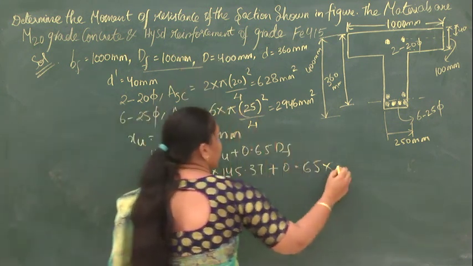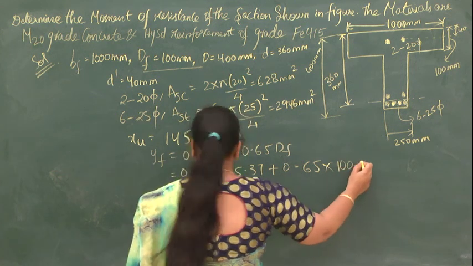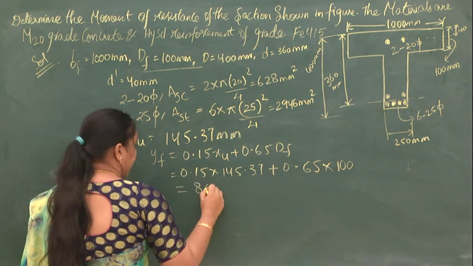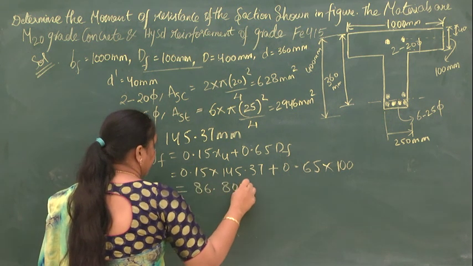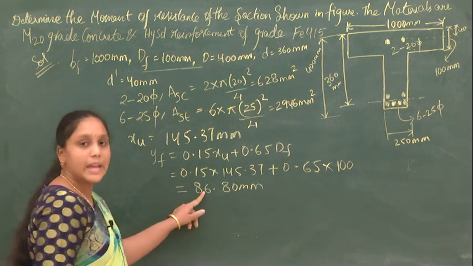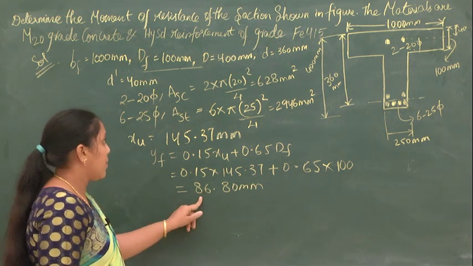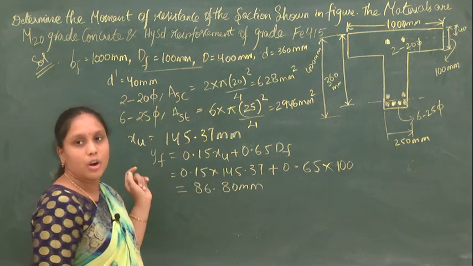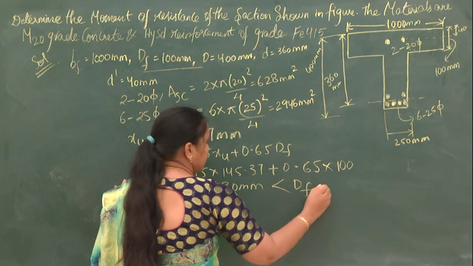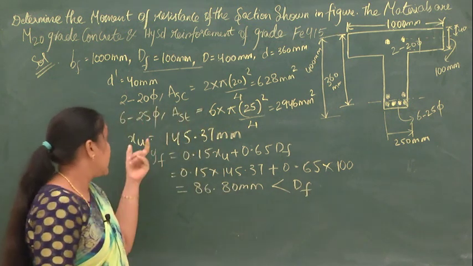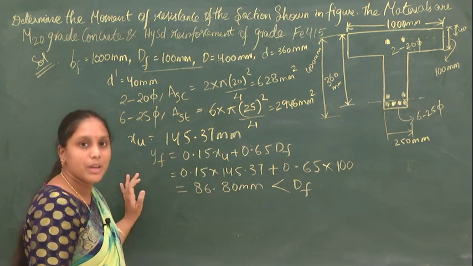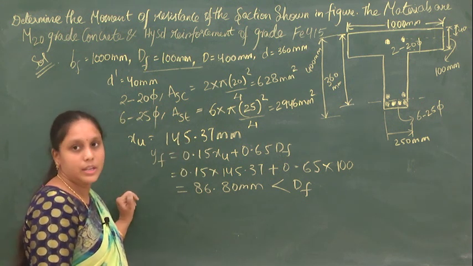It is 100. So if you solve this, you will get a value of YF as 86.80 mm. Is it less than DF or not? Yes. So YF is less than DF. Hence the value of XU, which is 145.37 mm, is acceptable here.